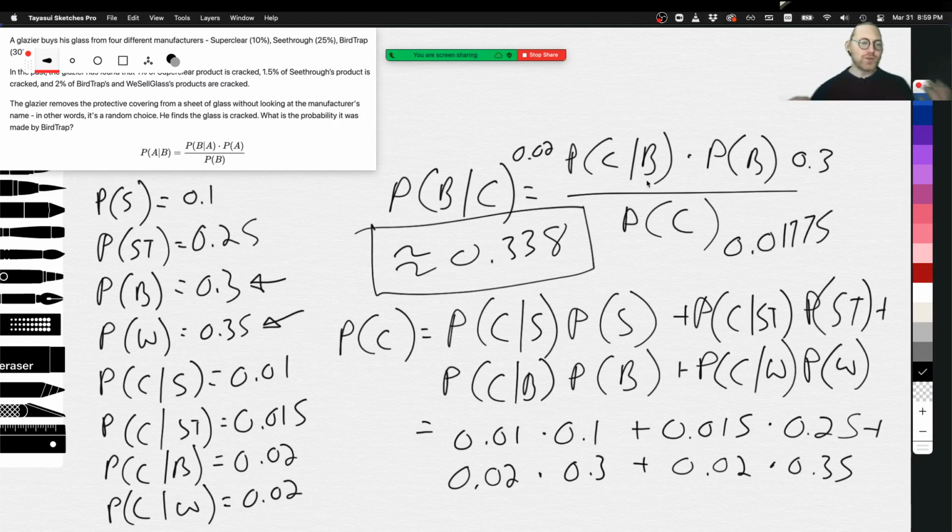So you can do some reasoning here, not just blindly plugging into a formula, but it's always a good idea to try to explain this to yourself later. And it kind of makes sense when we look at these values, right? That we have something that works out to 1.7% probability that the glass will be cracked in general. I think there's a lot that we could deconstruct there.